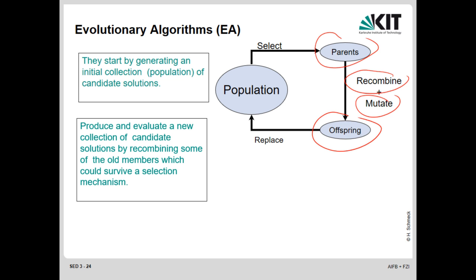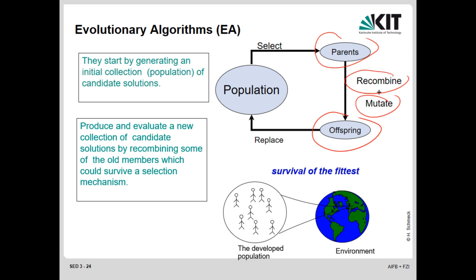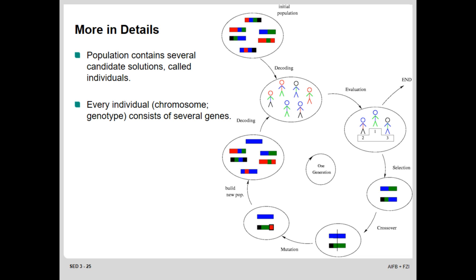And then, if we have done that a sufficient number of times, we are satisfied. So this is the idea of survival of the fittest, which is quite well known from nature: those who are the fittest for reproduction certainly make sure that their genetic pool is forwarded to the next generation. Only those who are the fittest, who are the best in mating, will survive, and that's the idea behind that.